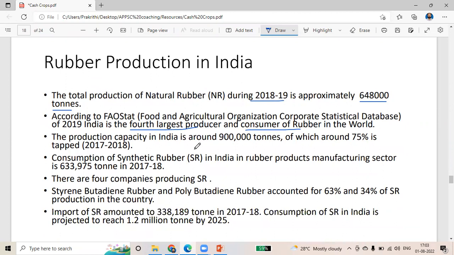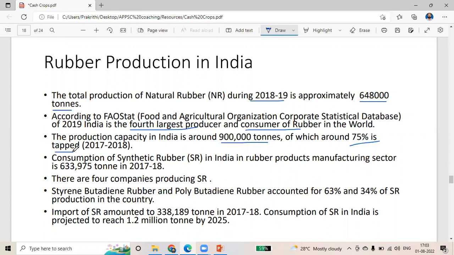The production capacity of India is about 9 lakh tons, about 75% of which is natural, made from the natural rubber plant.